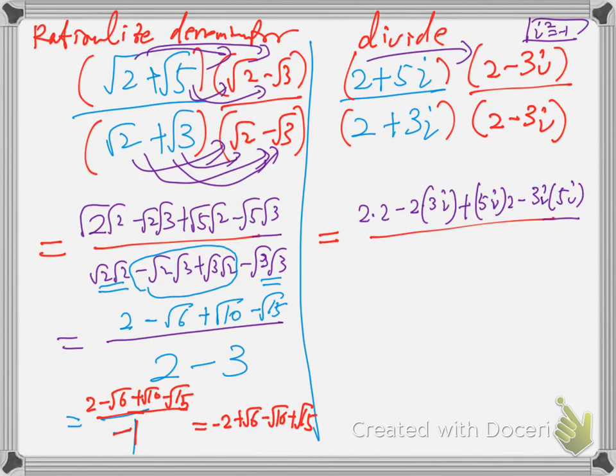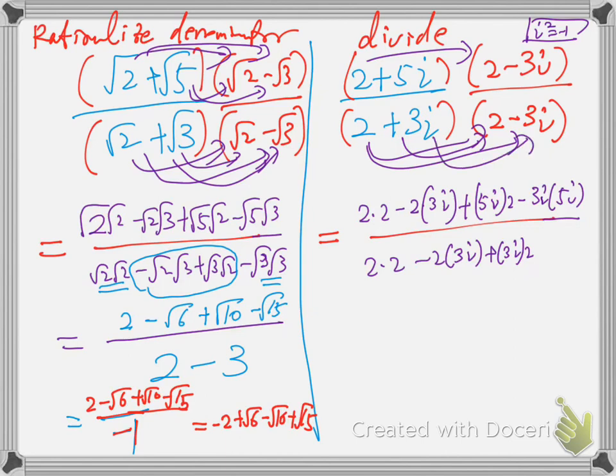Denominator: 2 times 2, 2 times -3i, so minus 2 times 3i, positive 3i times 2, and then minus 3i times 3i. So again, the middle two cancel, just like conjugate radicals.